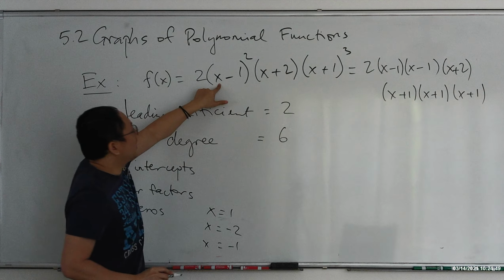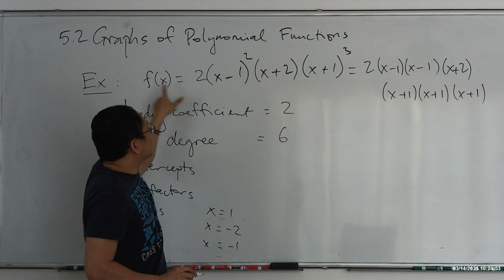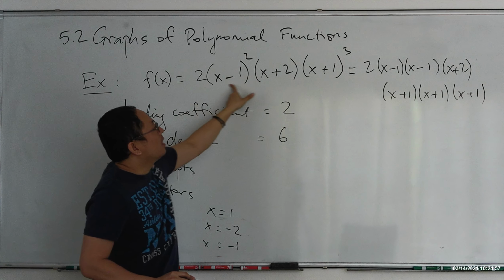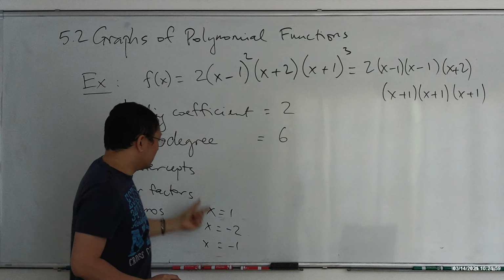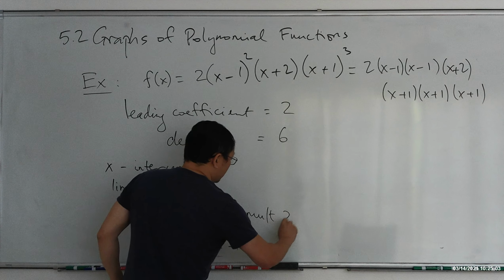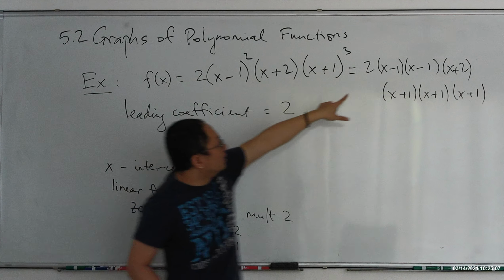A zero is a value of x that, when you plug it into the function, makes the function equal to 0. So when you plug in x equal to 1, you get 1 minus 1 equal to 0, and 0 times whatever is still 0. So x equal to 1 has multiplicity 2, because you actually have two zeros at x equal to 1.